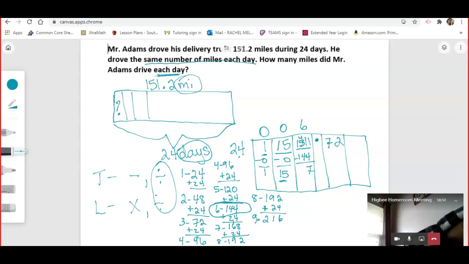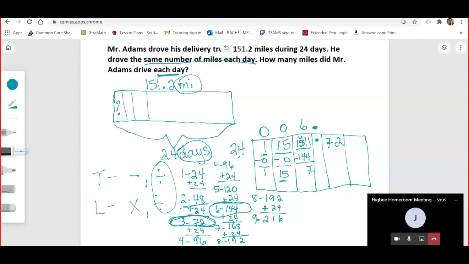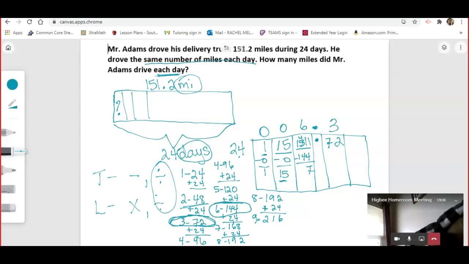Well, I know I can get 2, but look at 3. Oh, 3 is exactly what we need. I was looking at the wrong one. So we have our 3, and that's exactly enough. I didn't really need this extra zero.